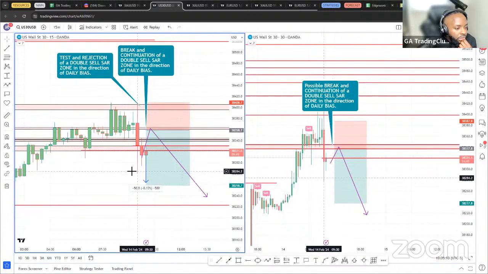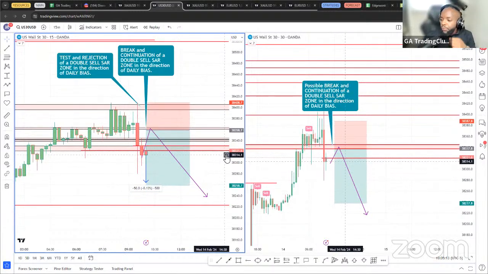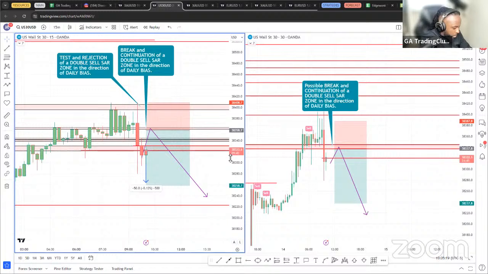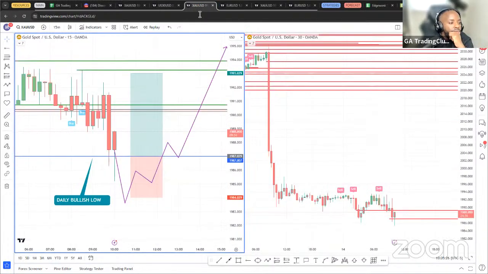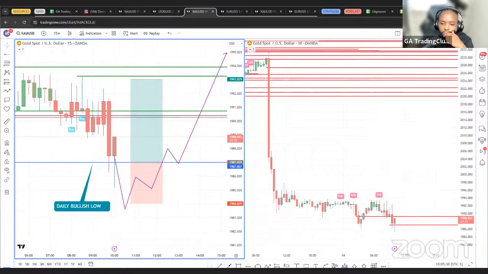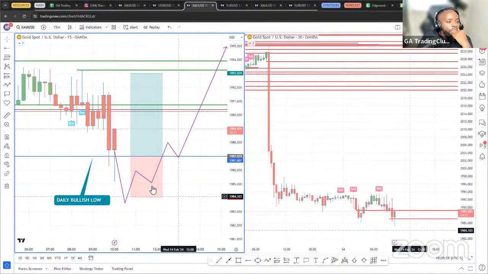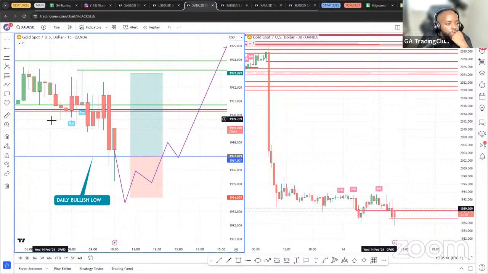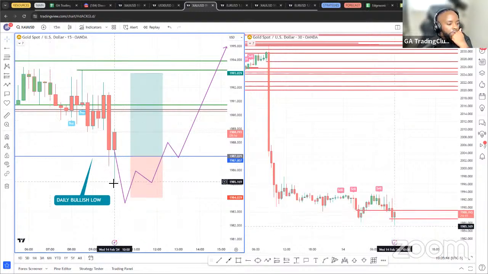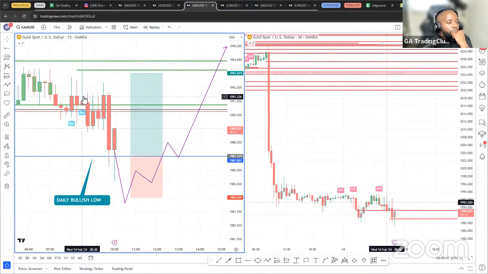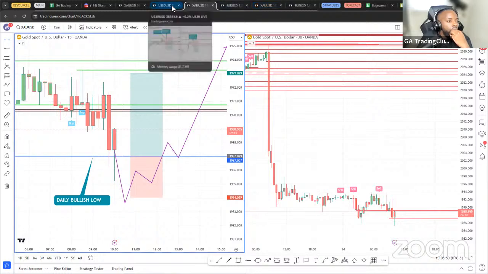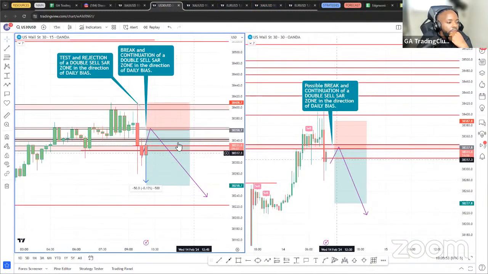US 30, US 30. And there it goes. And there comes back US 30.